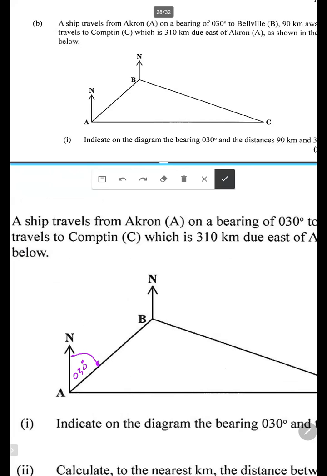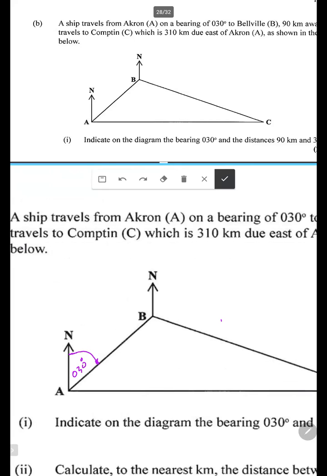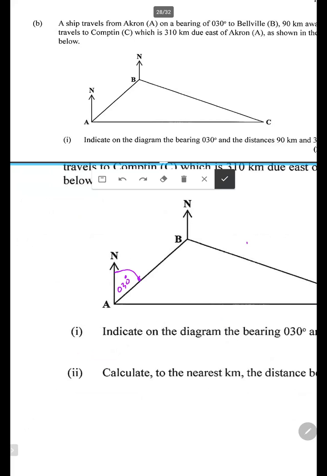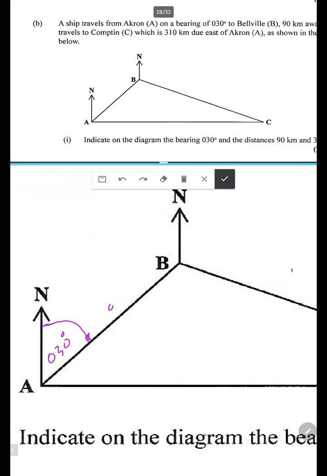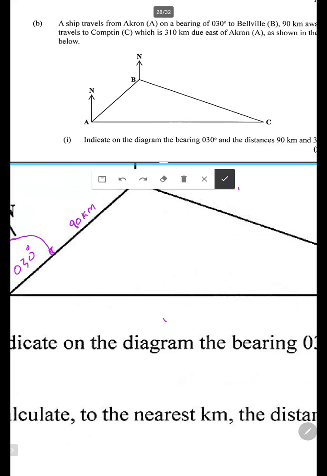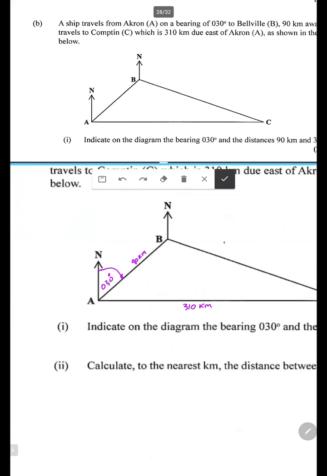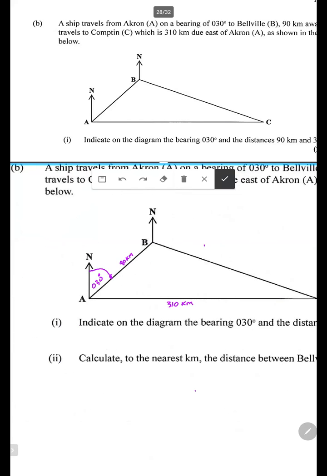That is the 030 degree angle. And the 90 kilometers was the distance that they told us right here. So this is the 90 kilometers up here. And then the 310 kilometers is down here. And so basically that's the information that they gave us.